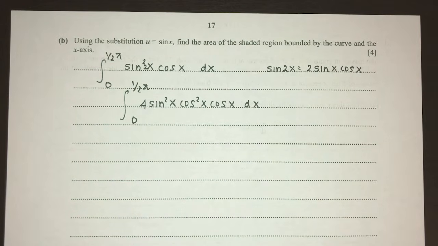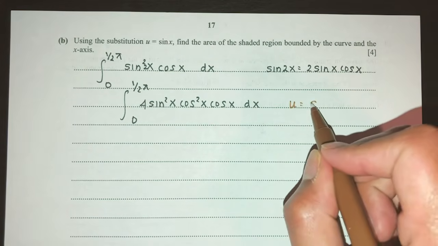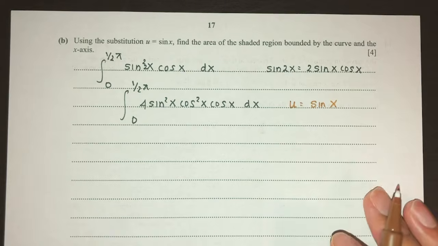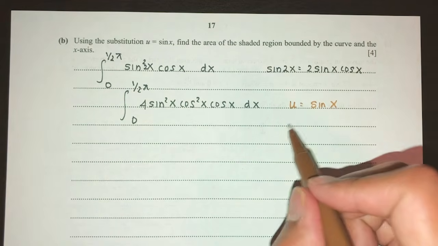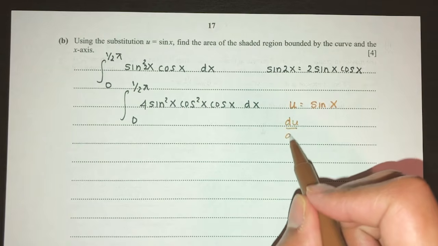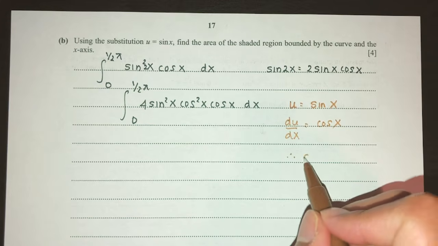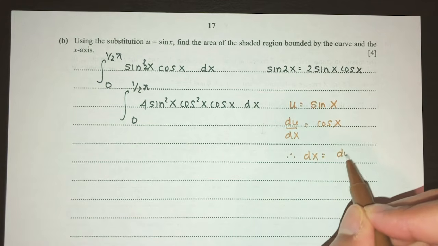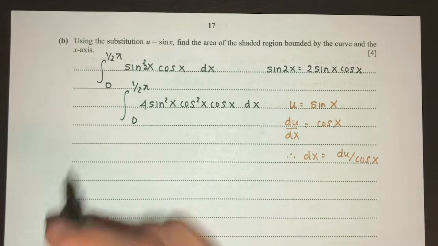So now we have to use the substitution of u equal to sine x. So u is equal to sine x, which means we can first find the value of du by dx. That will give you cos x. From this, as you can see, dx is du divided by cos x. Now we have to replace back in our main equation.